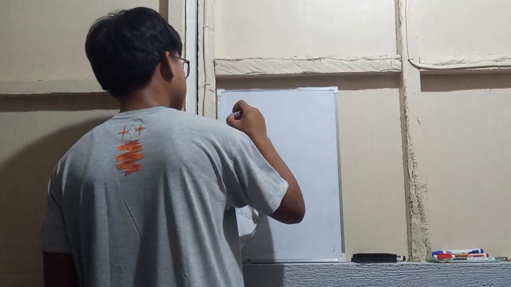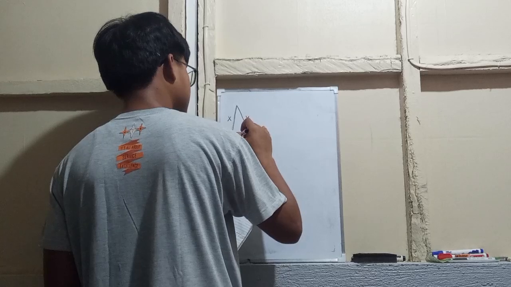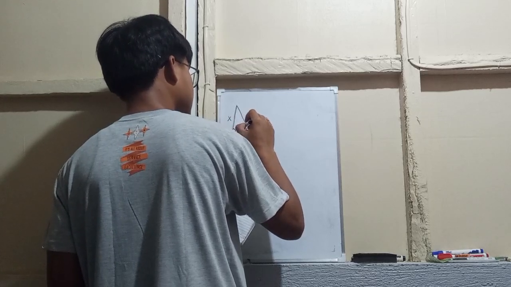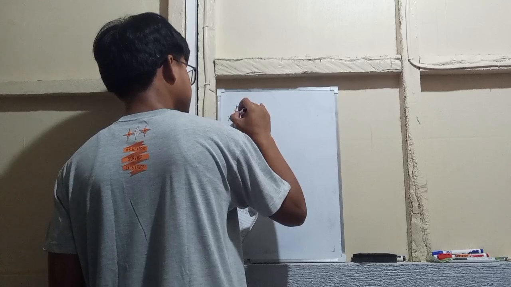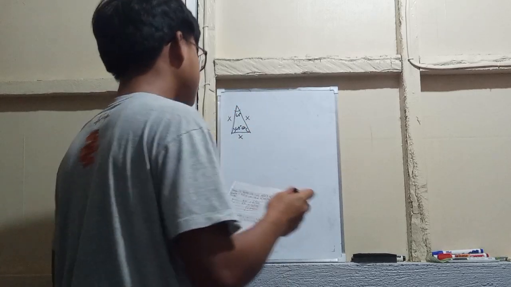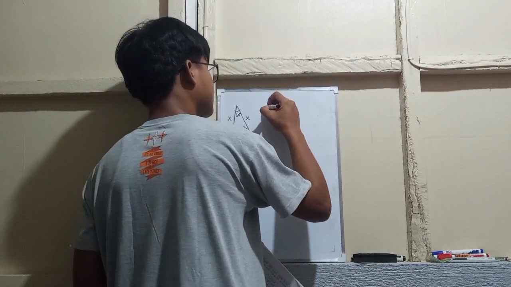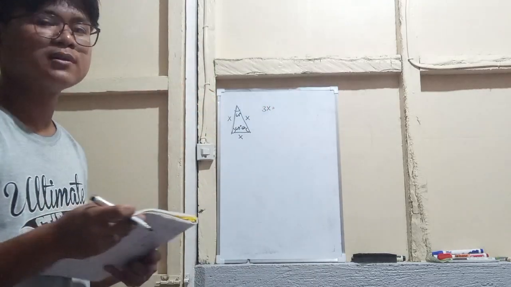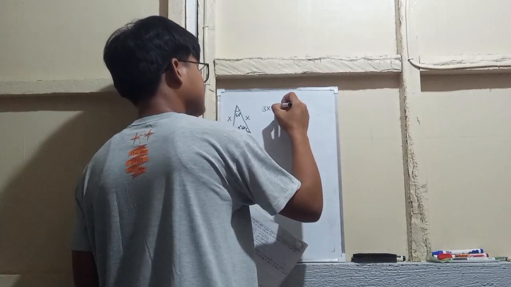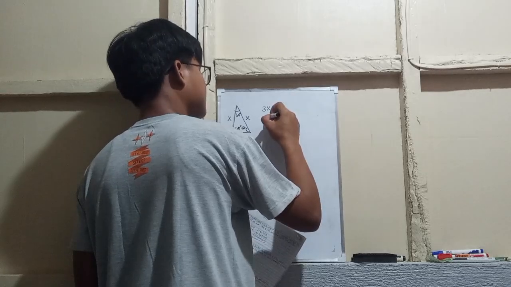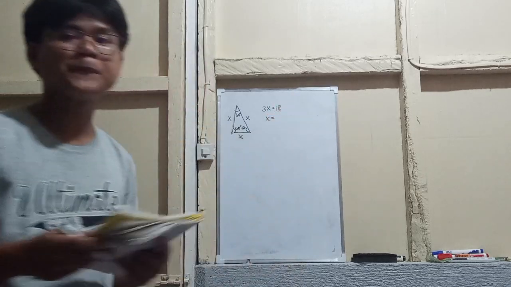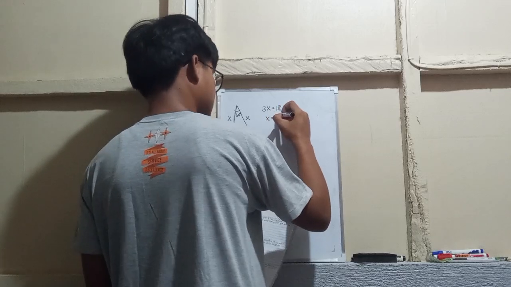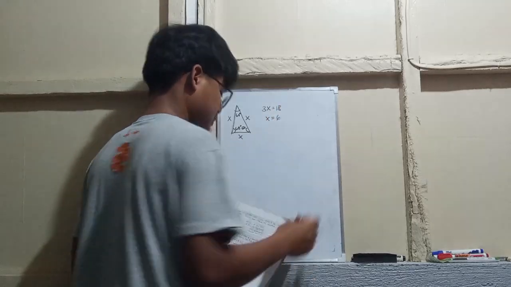So, we'll have the same sides and same angles, which is 60, then 60. So now we can equate the perimeter that is given in the problem so that we can get the value of the side, which is x equal to 6.